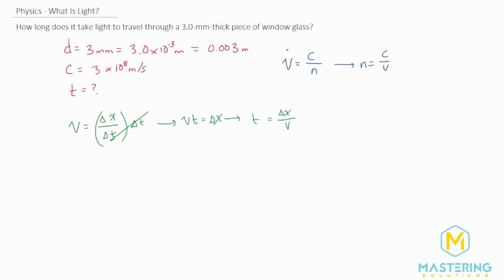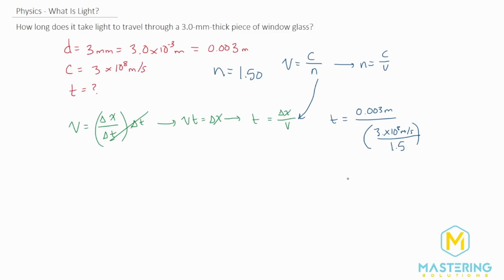So now if we plug this into v, that will give us the correct time. We have time is equal to the change in distance, which is 0.003 meters, divided by the speed, which is 3 times 10 to the 8 meters per second, divided by n. The n of glass that we'll be using is 1.50, and that's from a table in the book.